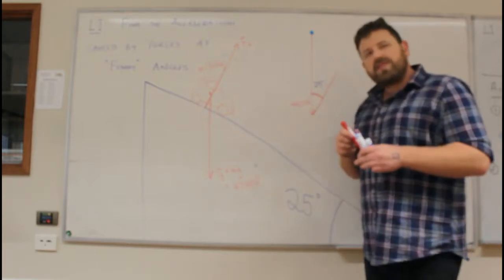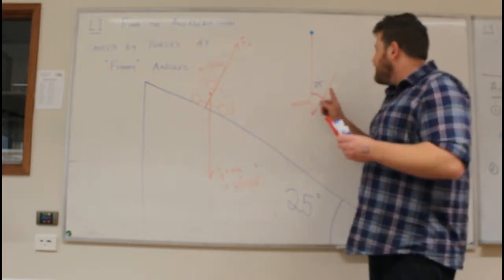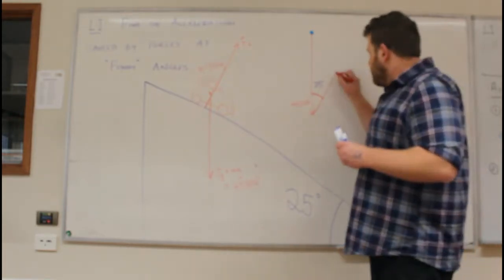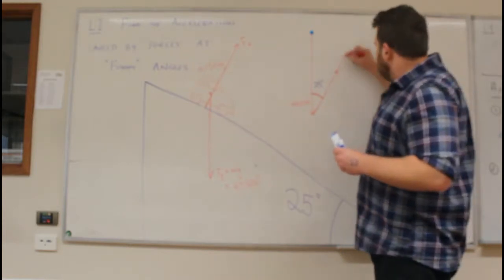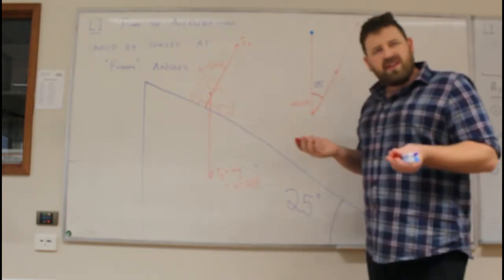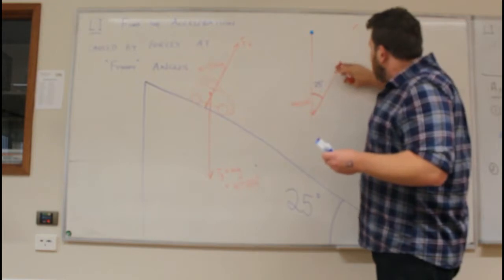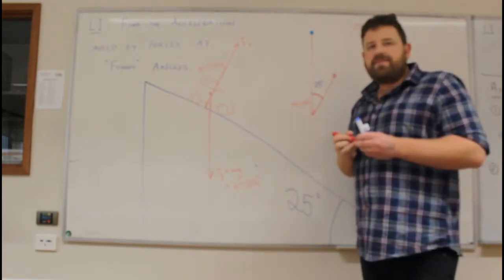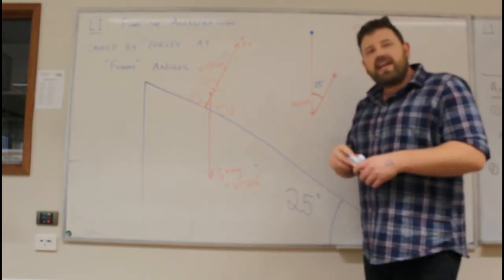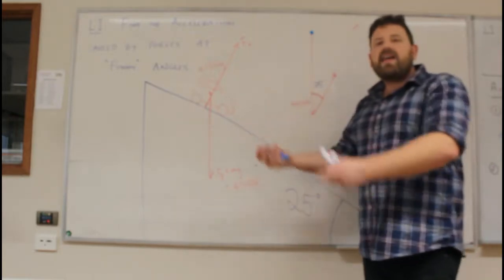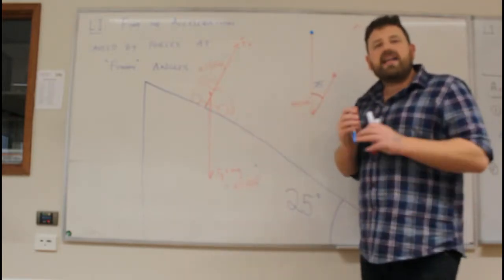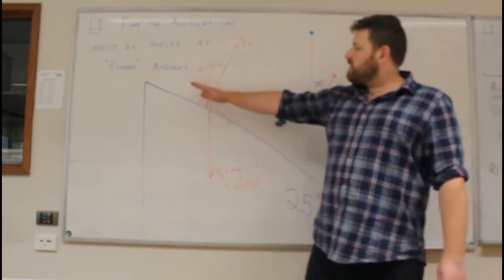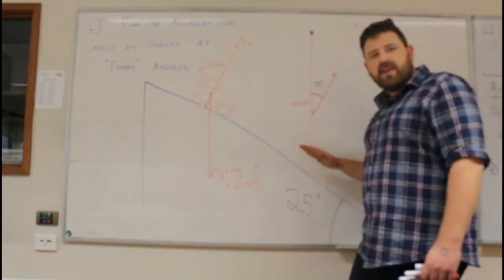So this normal force, what we don't know though, is how strong is this normal force? Is it this strong? Is it this strong? We don't know. But of course we can work it out. And what we do is, once again, we take off our mathematics hat and put on our common sense hat, and we realize that the car is going to go down the slope.